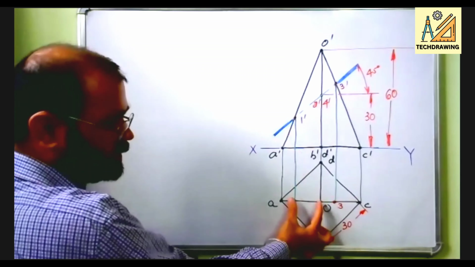But if you see the other way, the distance from this center to this distance and this distance, or if I show you the top view, from the center, let us say this is the center, this distance and from the center, this distance, these will be equal, isn't it?